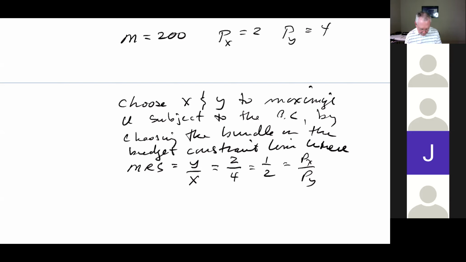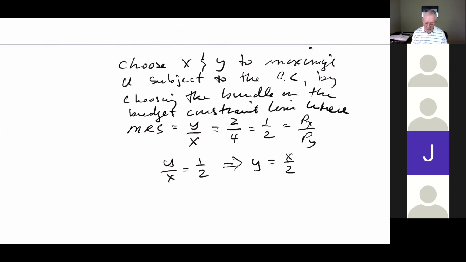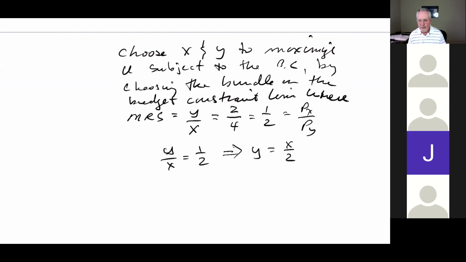Y over X will have to be equal to 1/2, which tells us that Y must necessarily be equal to X over 2. We don't know what the solution is yet, but when we find it, Y will be 1/2 of X. So I have Y expressed in terms of X.